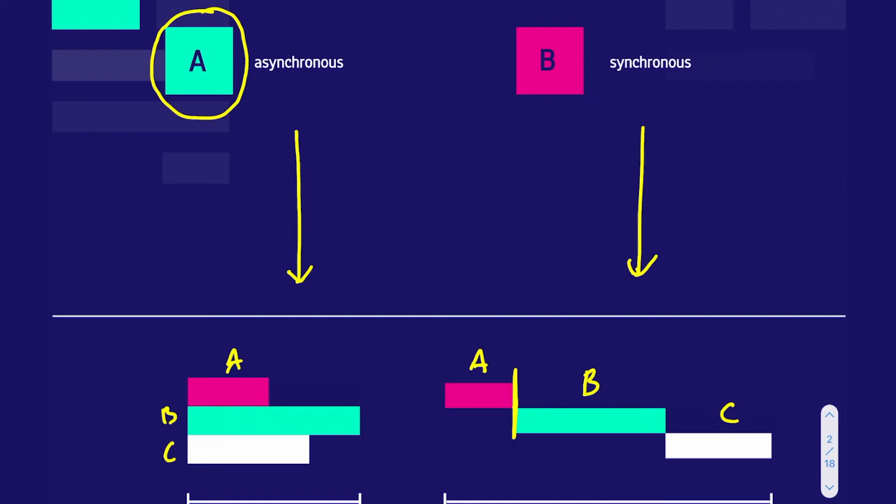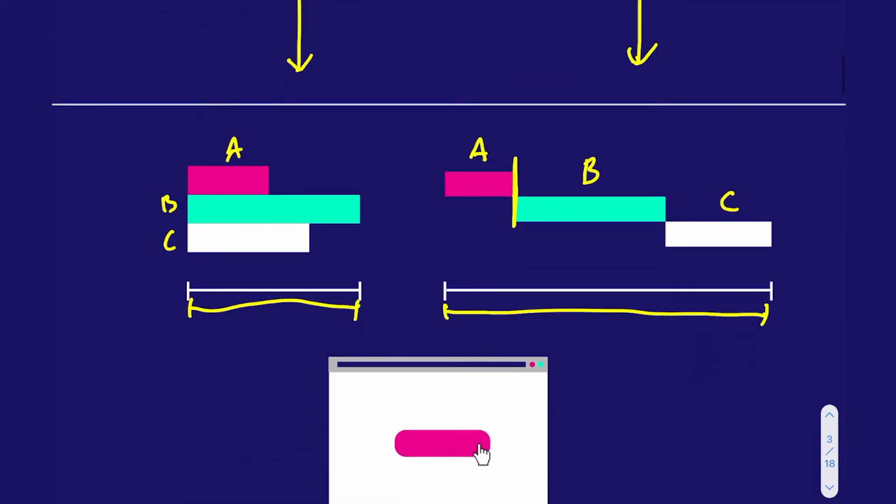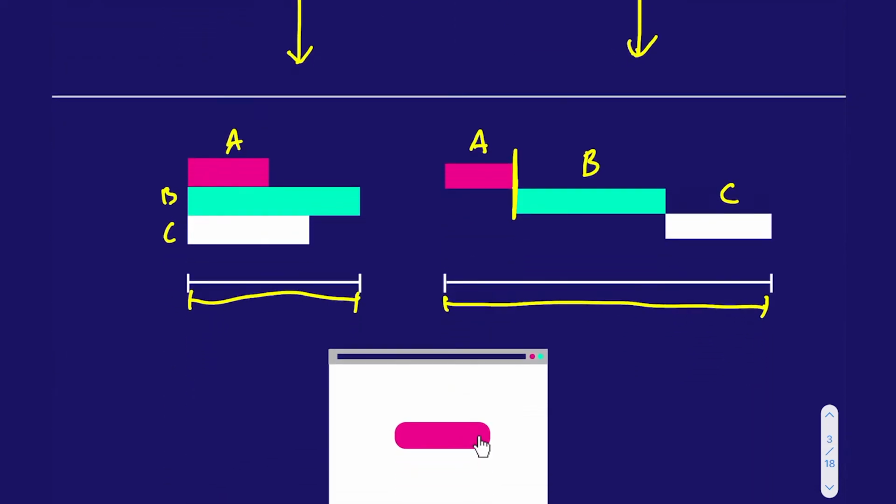So going to event listeners, why are event listeners an example of asynchronous JavaScript? The reason why is, we just set up a callback that happens when a user clicks on a button, but we're not going to pause everything from loading on the screen before the user presses on the button.